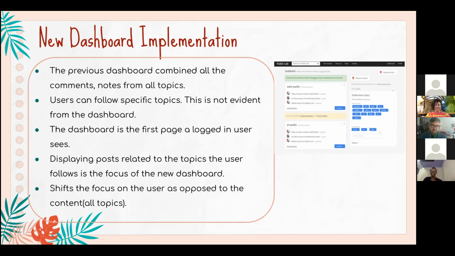That's kind of what the new dashboard does. It shows you all the posts related to the topics you're interested in, and it also tells you that you can subscribe or unsubscribe to a topic. This shifts the power from the application to the user. The user can control what pops up on their dashboard. So this was the wireframe of what the new implementation should look like.